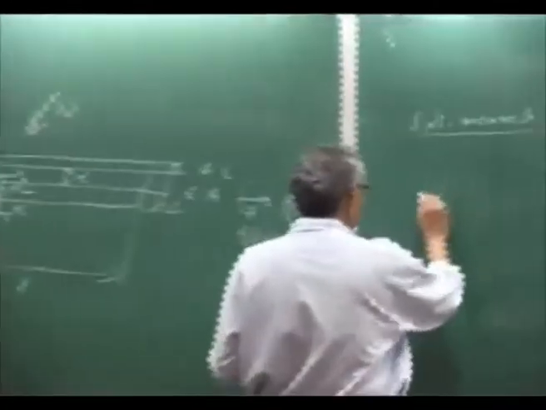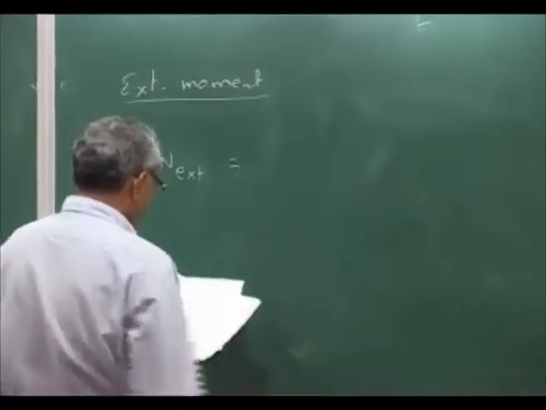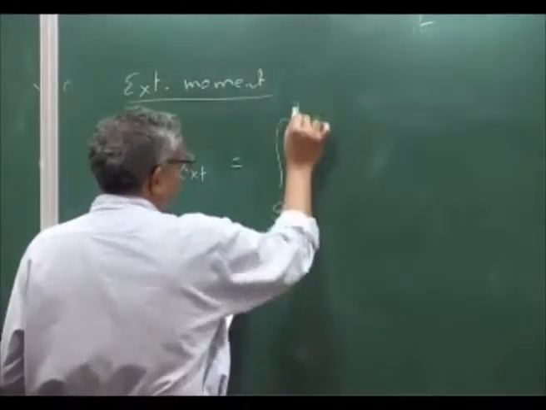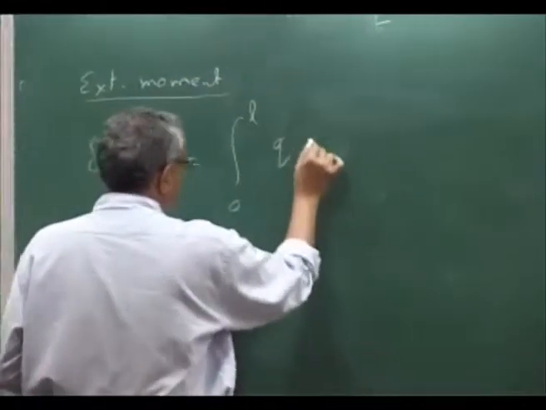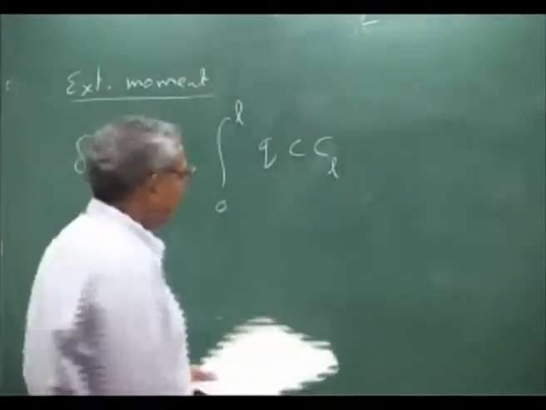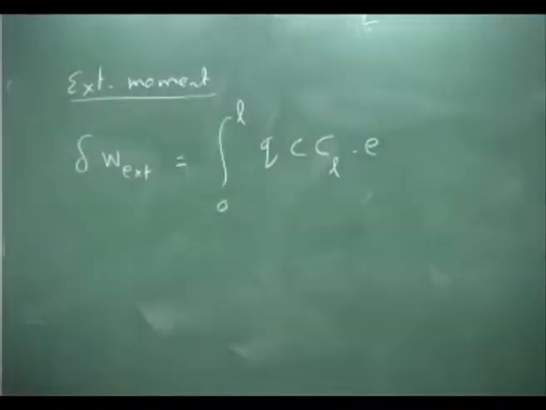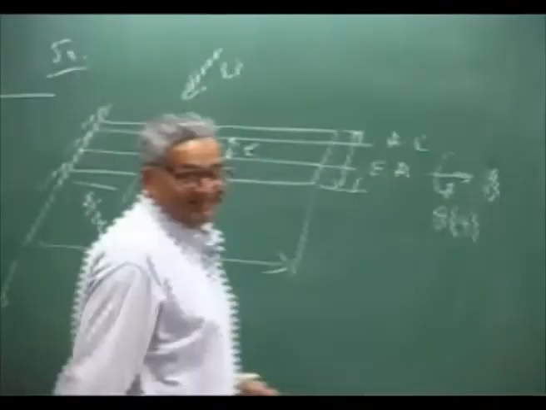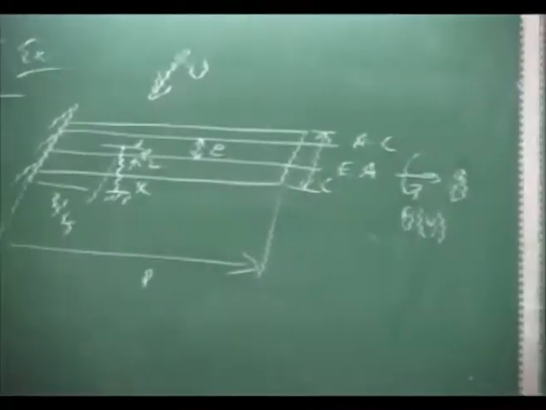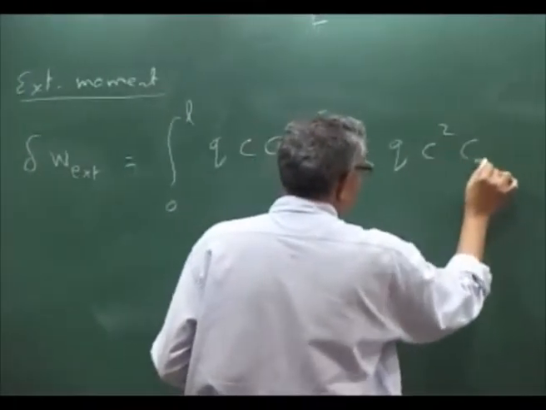This will be delta W external, which you will have integral 0 to L, dynamic pressure c CL into E, the offset, because that is the lift force into offset E, plus you will have dynamic pressure c squared CMAC.